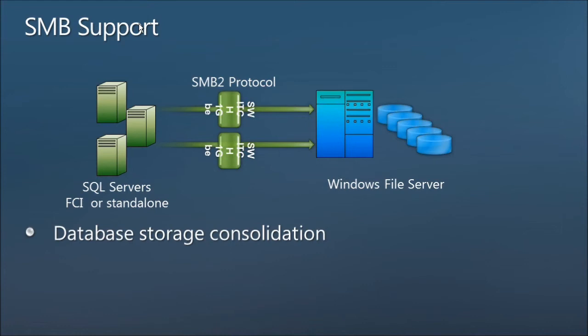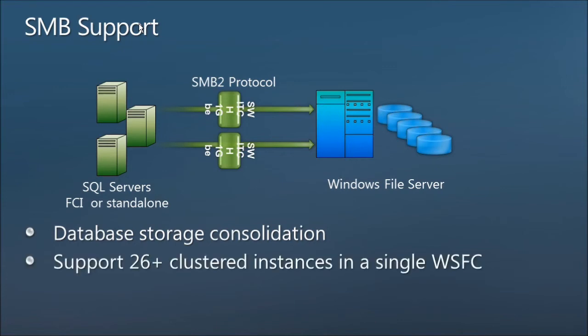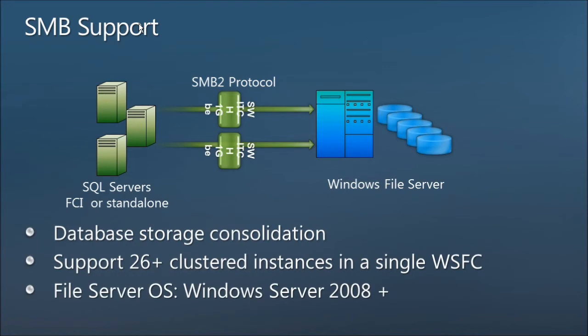So you can use a cheap file server to do the database storage consolidation. Also, you can create more than 26 cluster instances in a single Windows cluster. One requirement is that if you are using a Windows file server, the Windows file server OS has to be Windows Server 2008 or a later version.